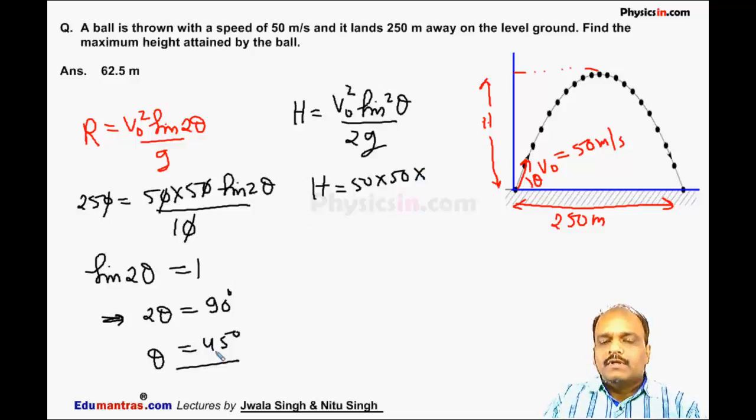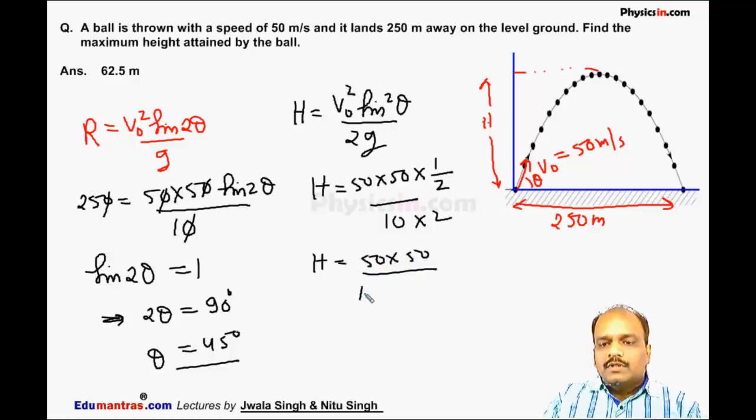We know sine 45 degree is 1 by root 2, so sine square is 1 by 2, divided by g, which is 10 into 2. So h comes out to be 50 into 50 divided by 10 into 2 into 2.